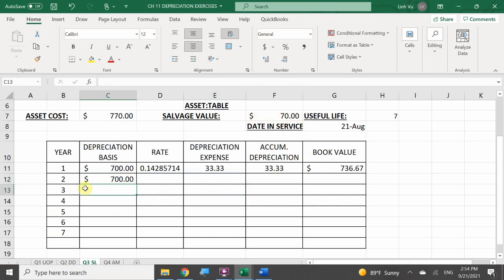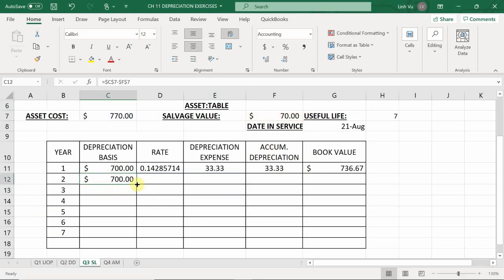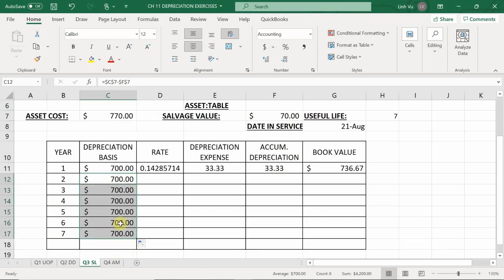If you remember, for straight line, it's going to be the same all 7 years. The rate is also going to be the same for all 7 years.